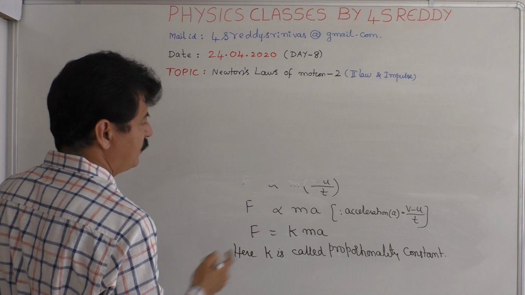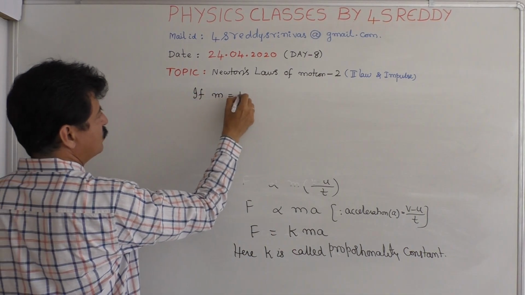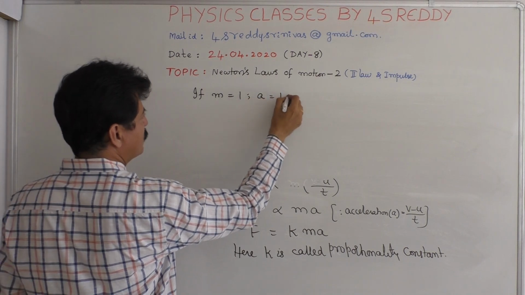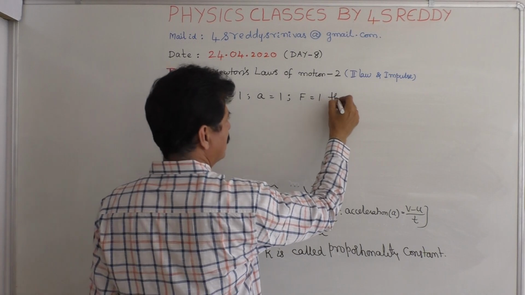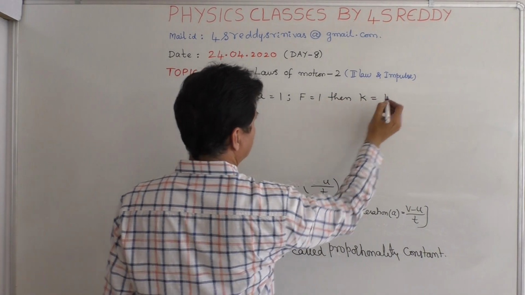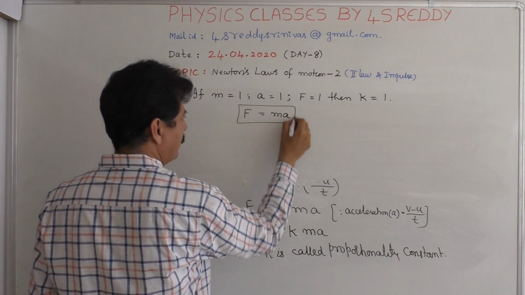If m equals 1, a equals 1, F equals 1, then k equals 1. In that case only, F becomes ma.